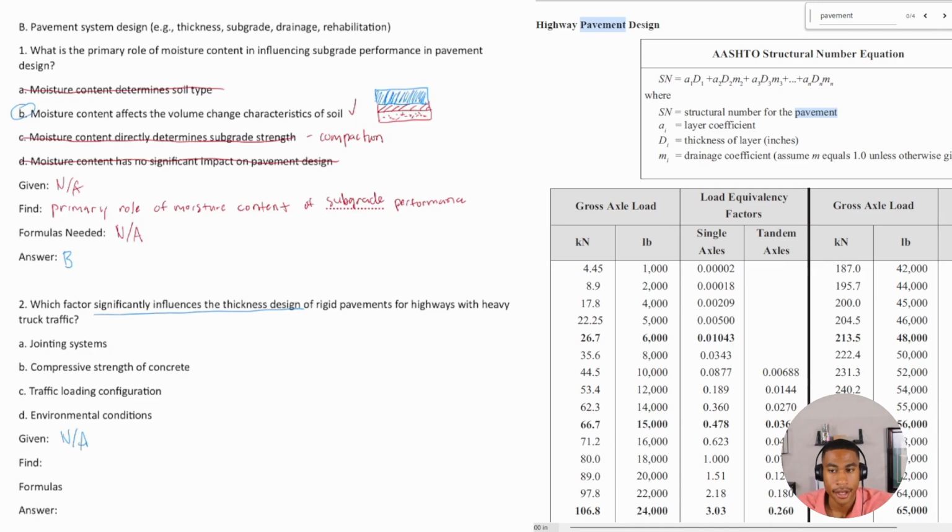If you have a ton of trucks and a ton of different axles going across your asphalt, it's going to create a lot more problems if it's weak or really thin. You're going to need it to be thick enough to handle all that constant traffic coming through. So I'm going to go with C.